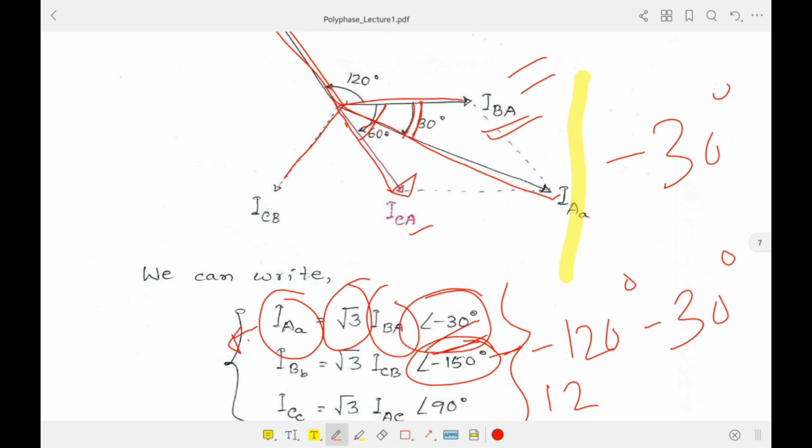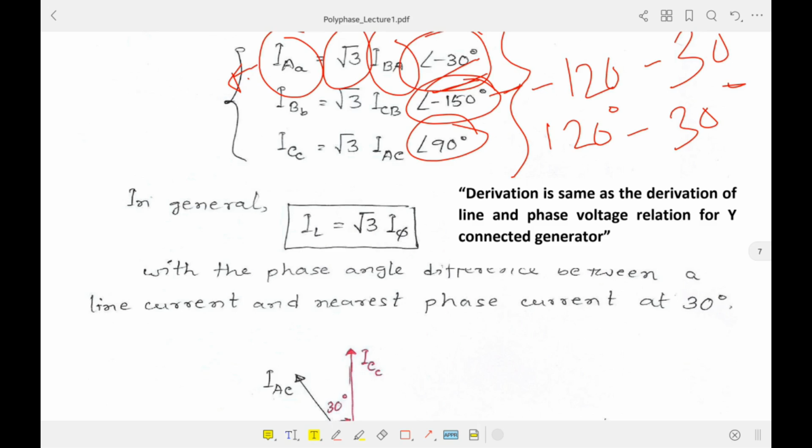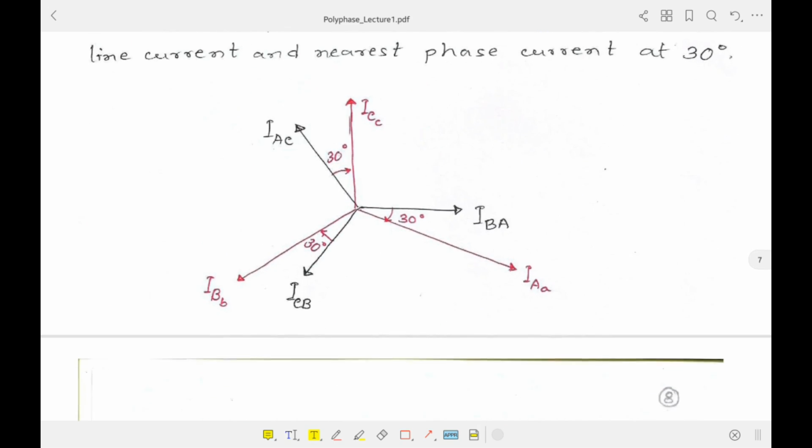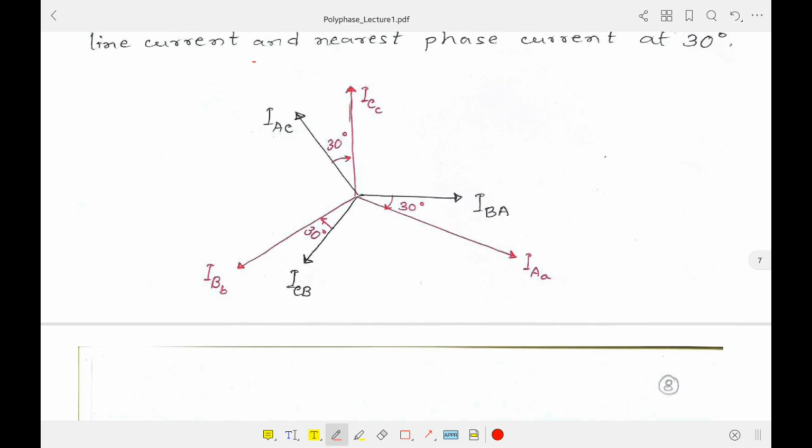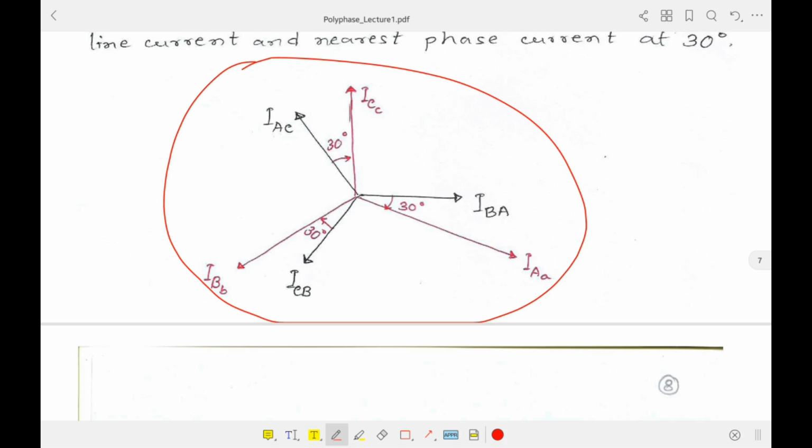And the third one you can write either 240 or plus 120 degree. If you write plus 120 degree for the third phase, and now it is minus 30, the resultant will give you a 90 degree angle. So these are the expressions. Now if you draw them, this is the phasor diagram of both line components and phase components of current.